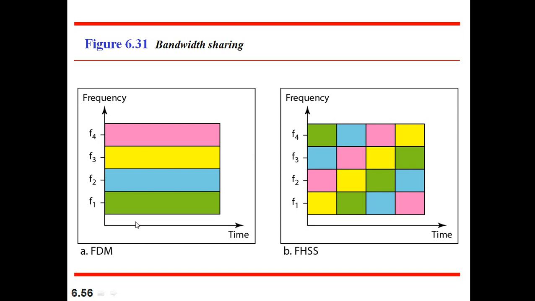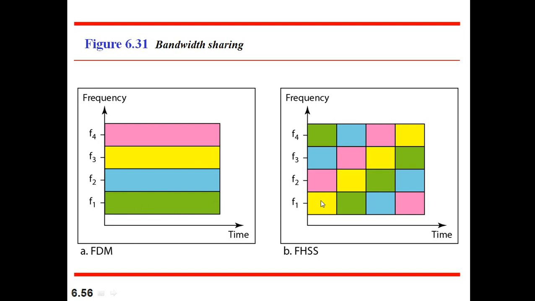For example, in case of FDM, each station will get around 1 by m fraction of the bandwidth, and the allocation is fixed or static, because this band is simply allocated for these stations, and the station simply uses these bands to transmit their signals.